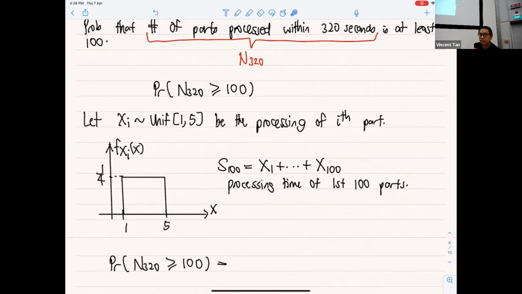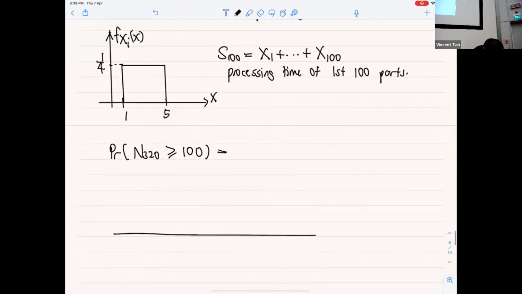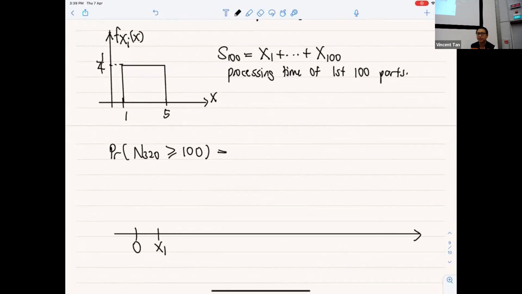Each part is xi. Each part has this particular probability density function. Each part is processed with a time between 1 to 5. So the picture is as follows. If you cannot follow, let's look at the picture. This is the starting point. This is how long it takes to process the first part.